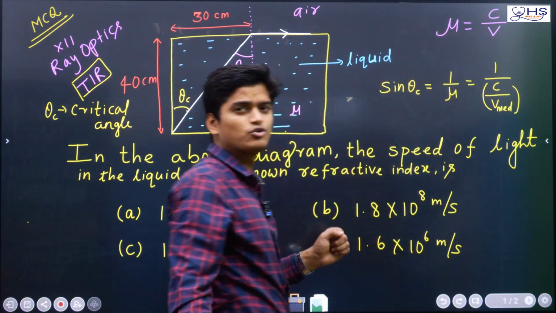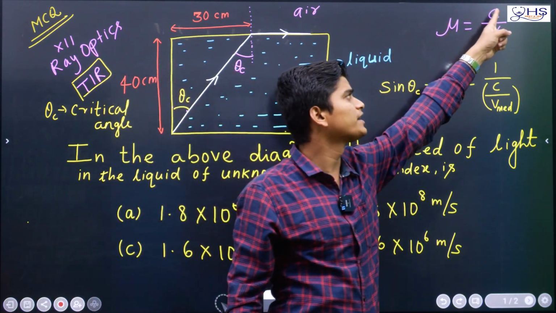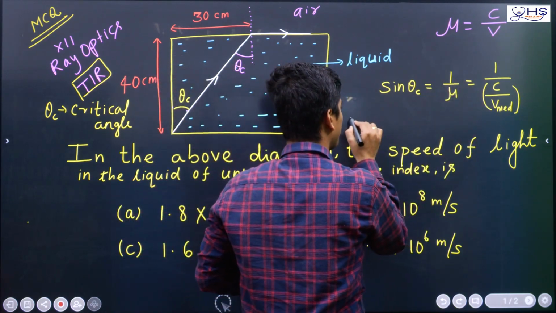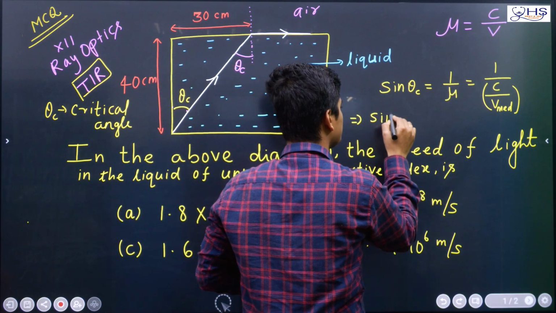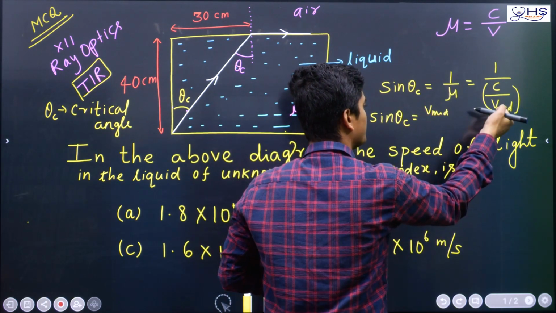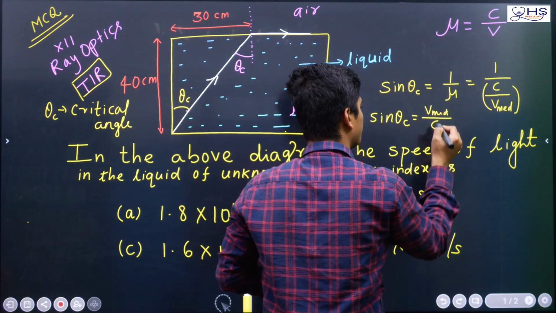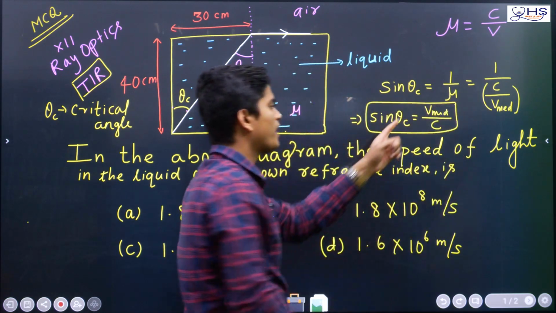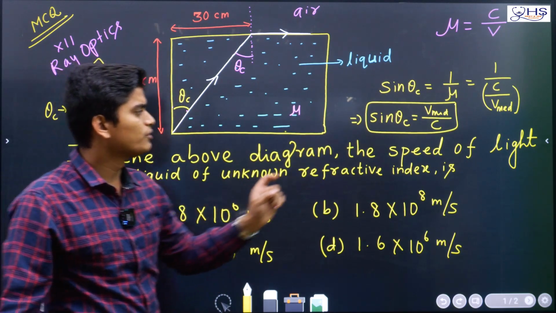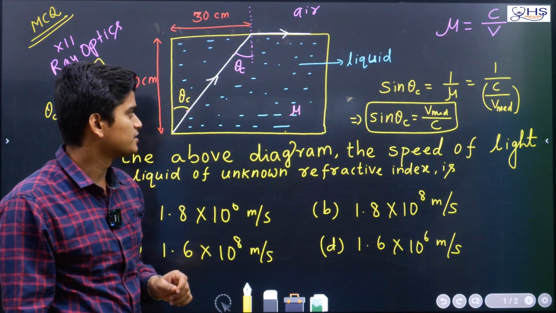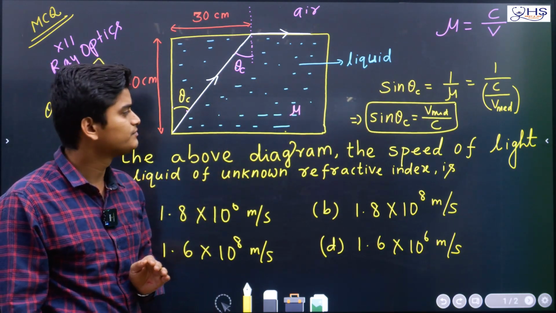If you want to find the refractive index, it is the speed of light in vacuum divided by the speed of light in the medium. Now I can write this as sin theta c equals V medium divided by C. From this expression, V medium will be the speed of light into sin theta c, where theta c is the critical angle.